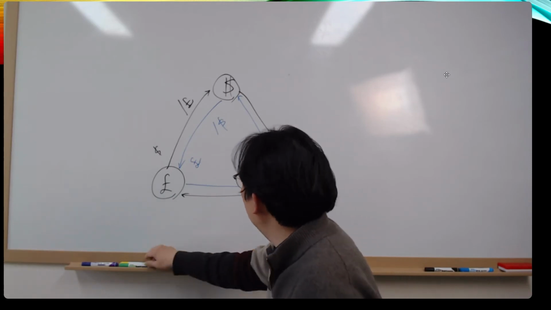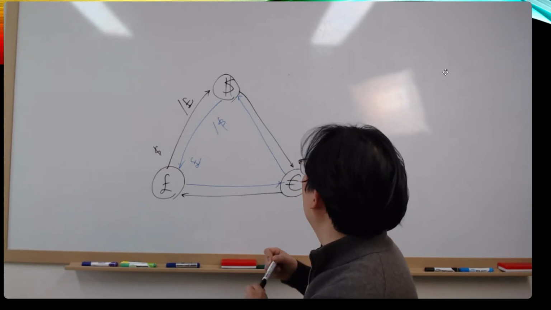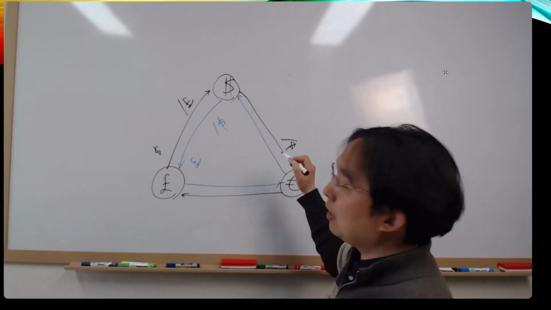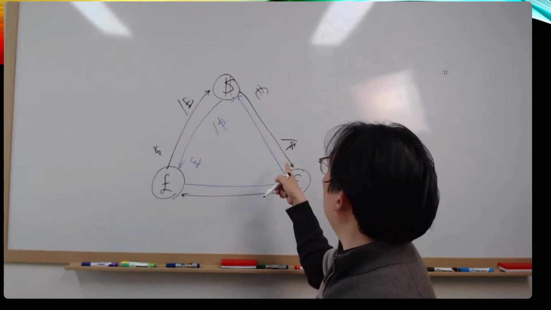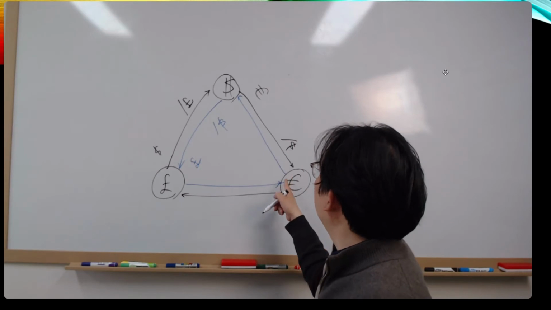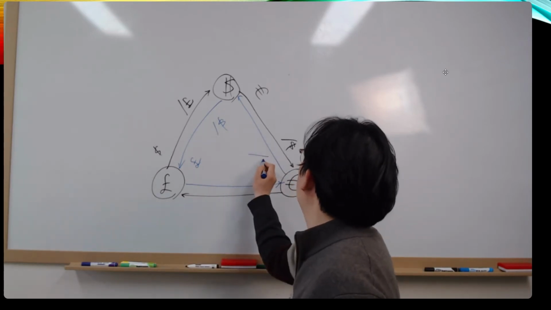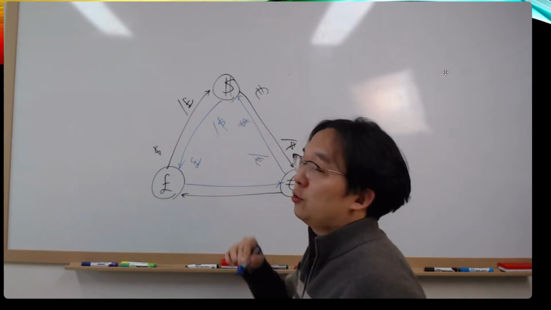So we have two other pairs. From here, it's US dollar, the denominator currency, and then in terms of euro, you're going to see it like this. And then the blue line over there, it's going to be like what? Per euro, how much is it in US dollars?